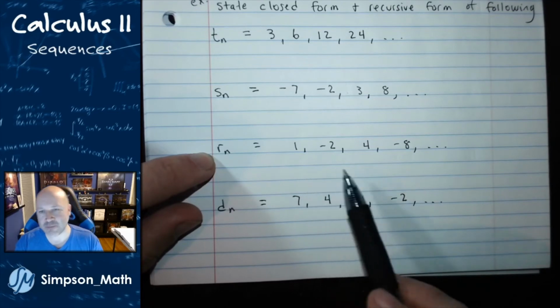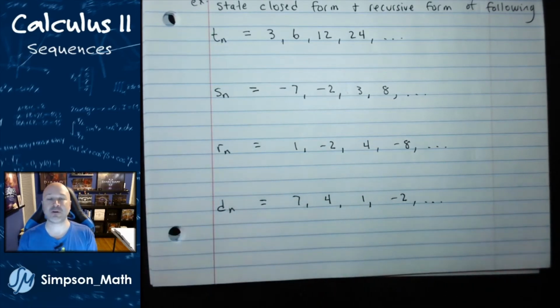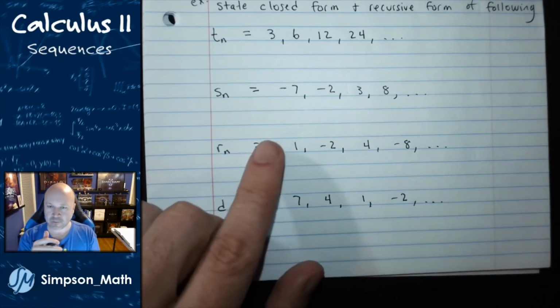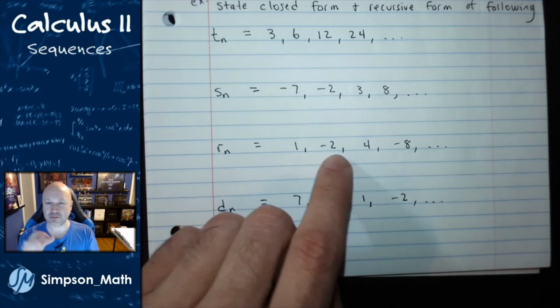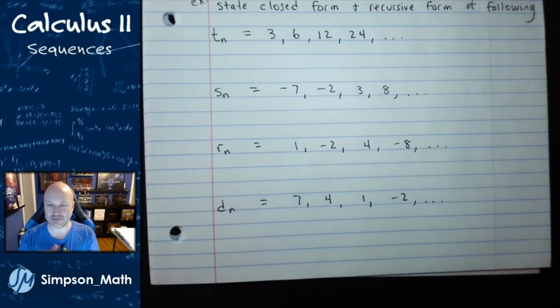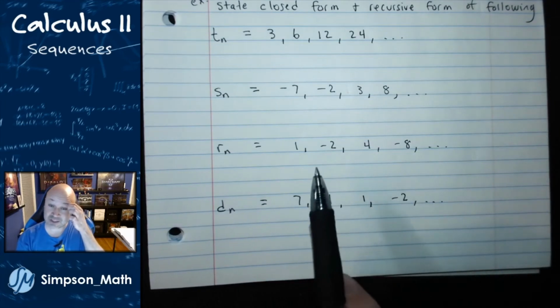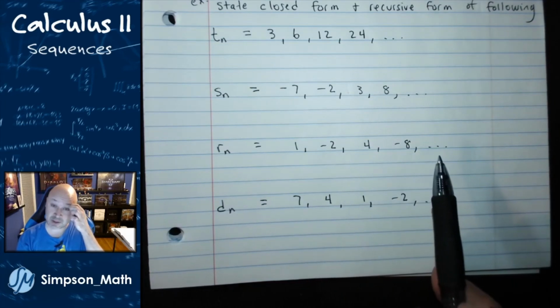Okay, we are going back and forth. That typically means we're going to be multiplying by a -1 to a power. So -1 to an even power would make it positive, and -1 to an odd power would make it negative. That's how we can flip back and forth between the negatives. And we're also doubling it. That's interesting. But that is geometric because we are multiplying.